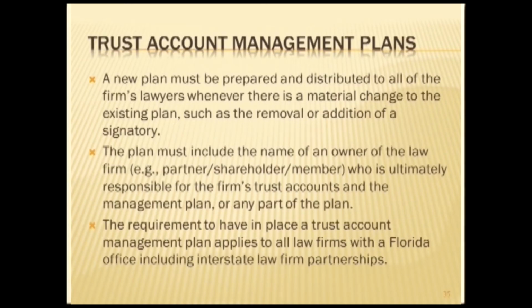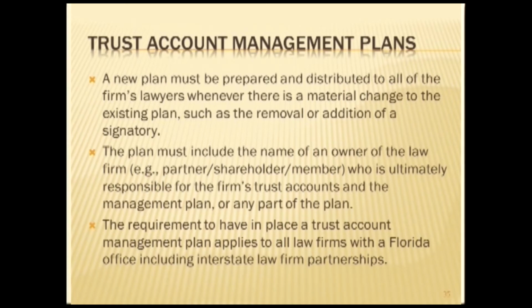Each time there is a material or significant change in the trust account management plan, a new plan must be prepared and distributed to all of the law firm's lawyers. An example of a material change would be the removal or addition of a signatory to the trust account. The trust account management plan must include the name of an owner of the law firm who is ultimately responsible for the firm's trust accounts and the trust account management plan or any part of the plan.